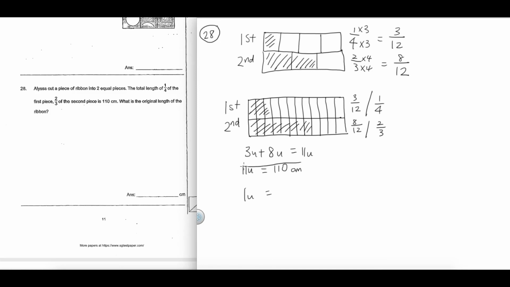Do this method, please. So it's 110 over 11 times 1/1, which is basically ten. Alright, so it's 10 cm. 1 unit is 10 cm.